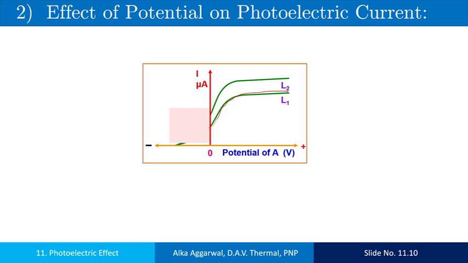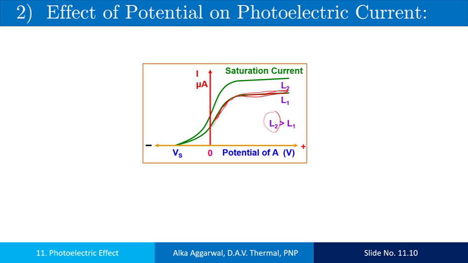As the potential increases, the current increases and then it becomes saturated. This maximum value of the current is called the saturation current. When the intensity of the light increases, the value of the saturation current increases.